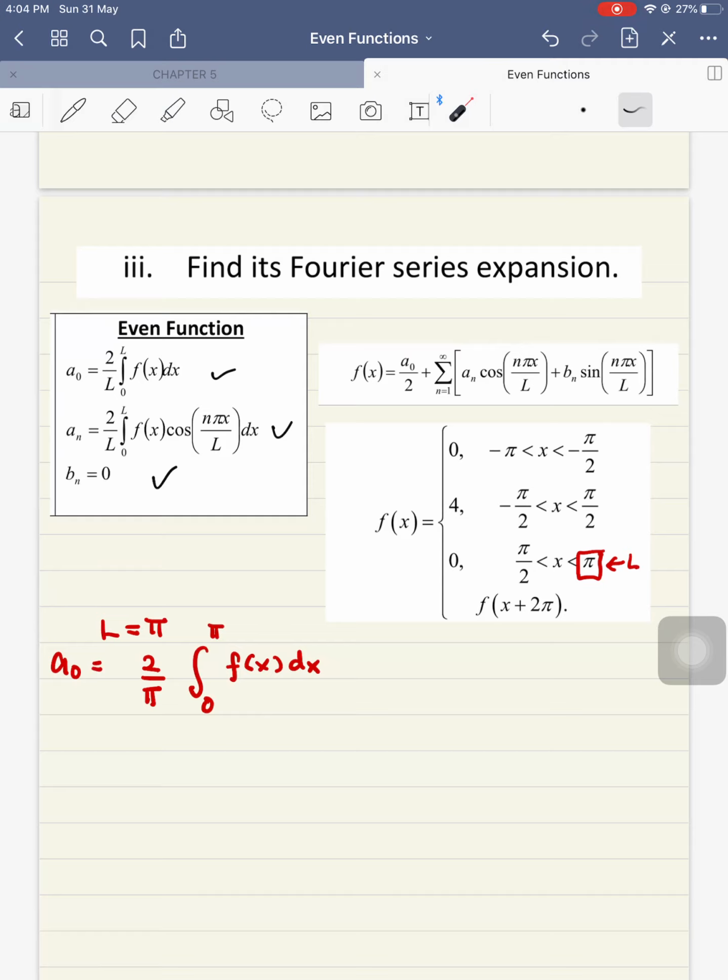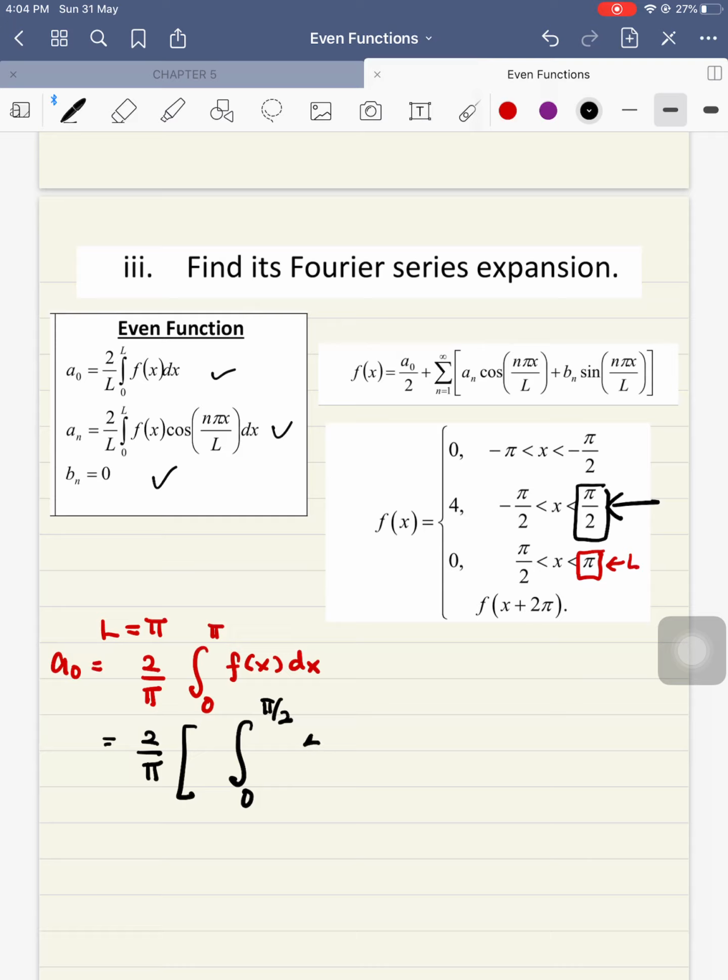But based on this formula, you know that you need to start from 0. So therefore, you will have 2 over pi. You need to start from 0, and take a look at the second function here. The upper limit is pi over 2, so you will have pi over 2.